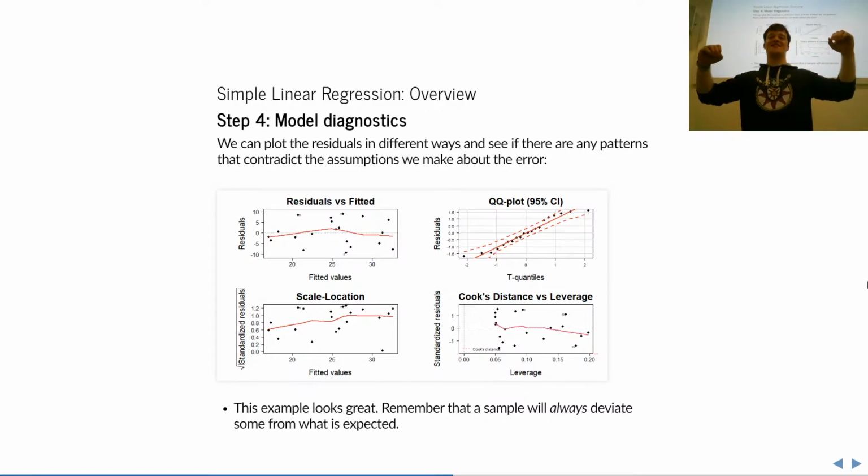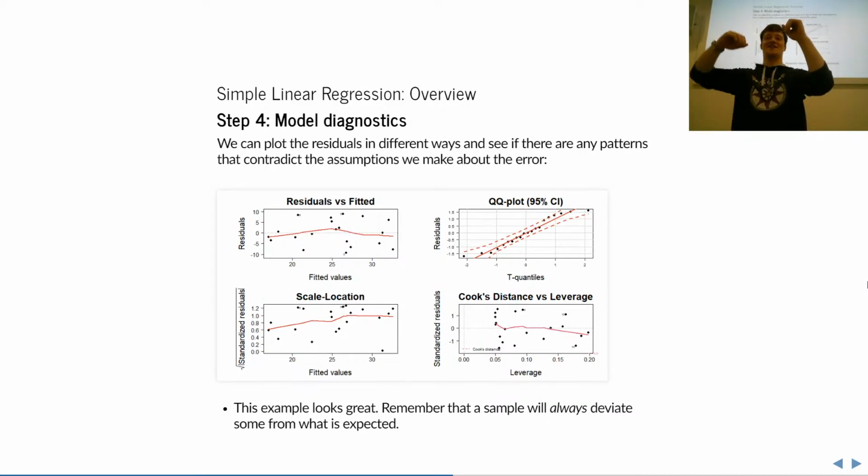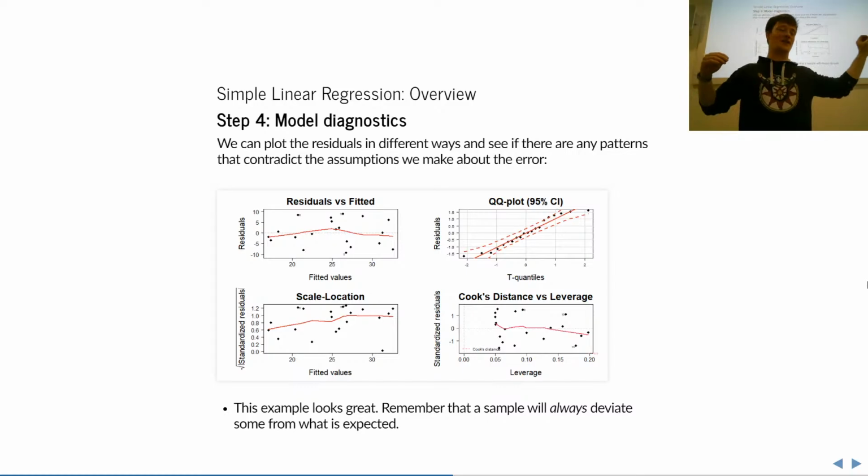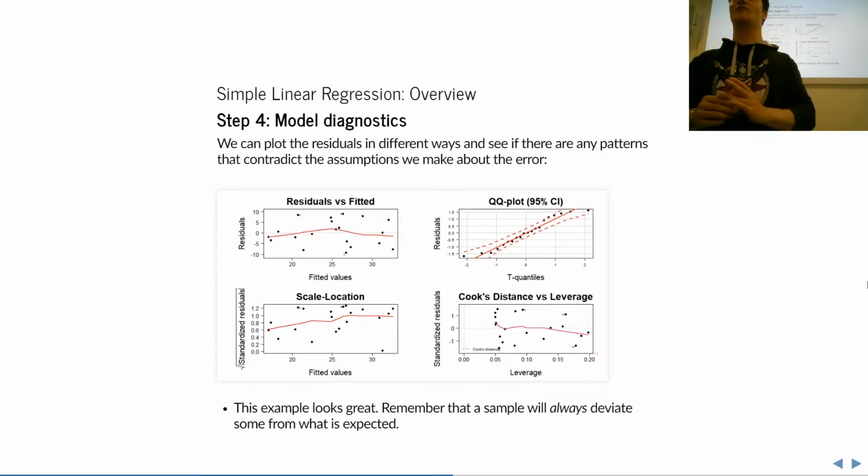High leverage is like if you were very close to the center of that seesaw, then it's going to have a different effect than if you're on the outside of the seesaw, right? If you're very far away, then your effect on bending the seesaw is very, very large. Same thing in regression.